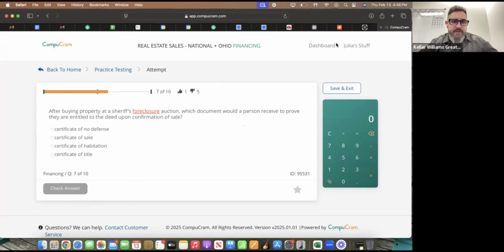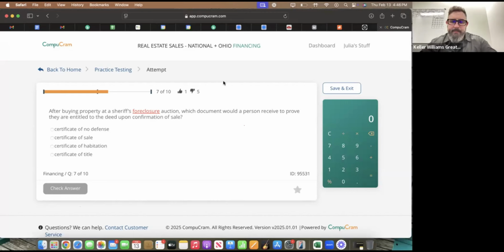Next question. After buying property at a sheriff's foreclosure auction, which document would a person receive to prove they are entitled to the deed upon confirmation of sale? Is it A, certificate of no defense, B, certificate of sale, C, certificate of habitation, or D, certificate of title?